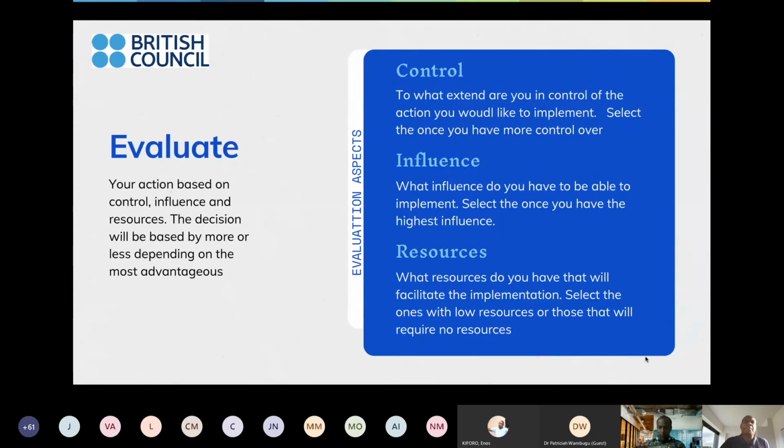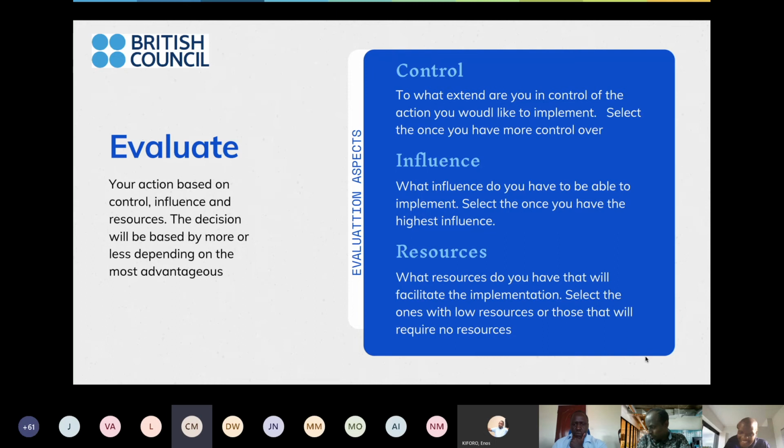I don't have to go and seek permission from my CSO. I don't have to go and seek permission from the head teacher. I have control. And which one do I have influence over, where I can adjust my lesson and allow my children to do 1, 2, 3? And which one will I need low cost, no cost?